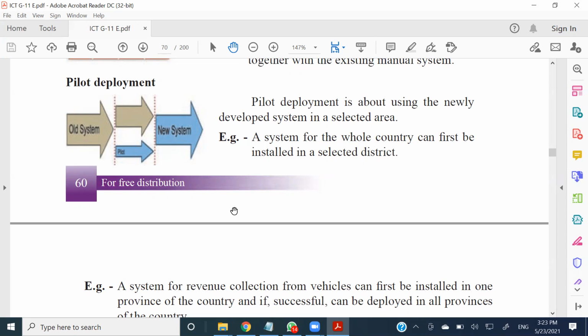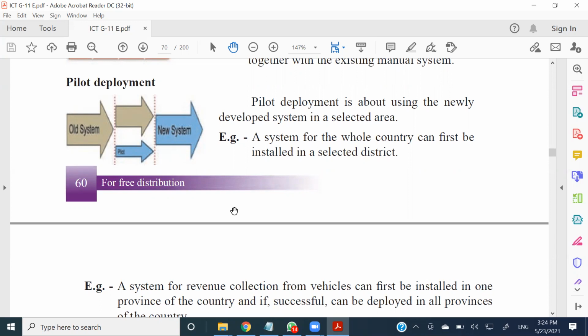But the rest of the organization will be functioning according to the old system, right? The advantage is, the people who experienced the pilot program can inform or train the people who have not experienced the new system.